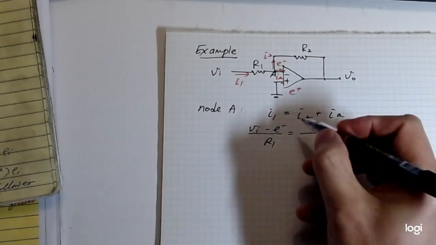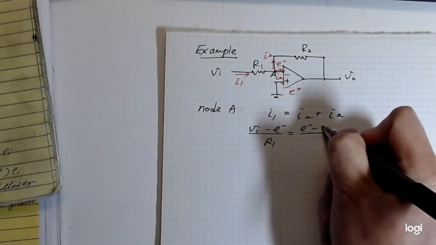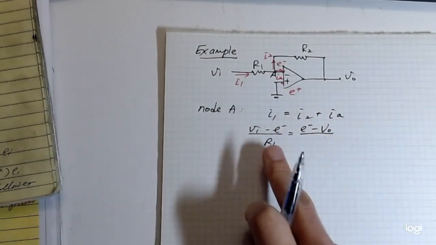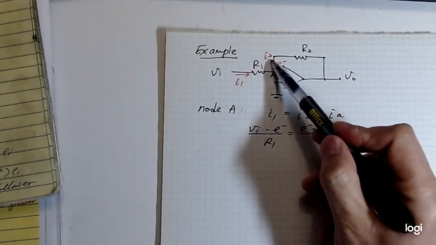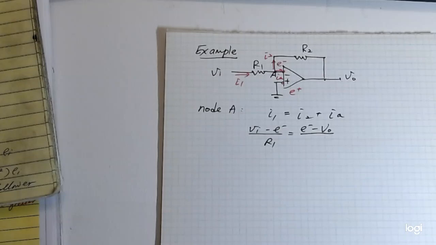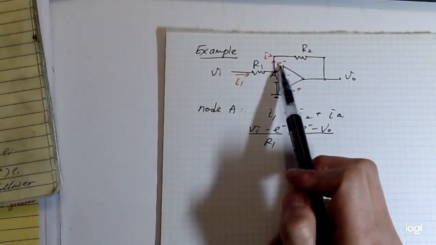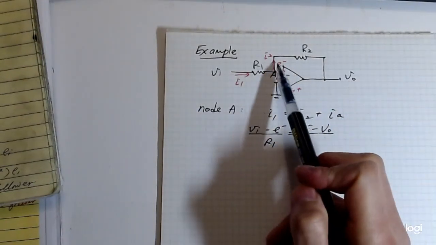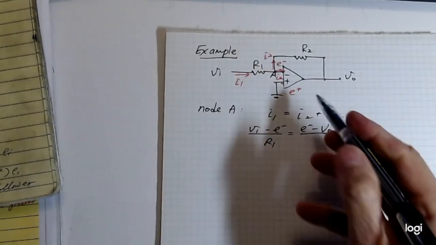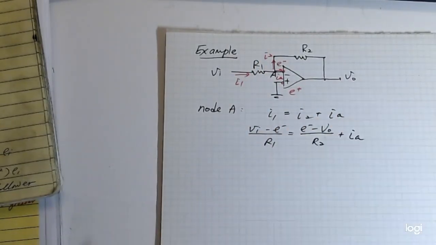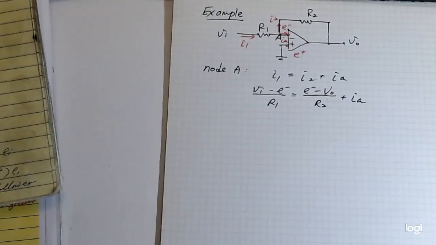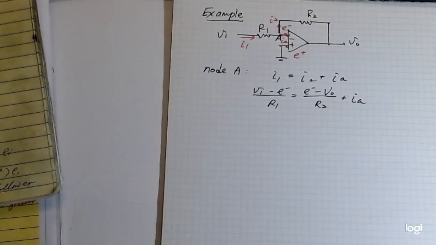Make sure of the current direction: it flows from A to this point, so it should be E negative minus V naught, because it's going out, divided by R2, plus IA. So this is typical Kirchhoff's current law, or node law.